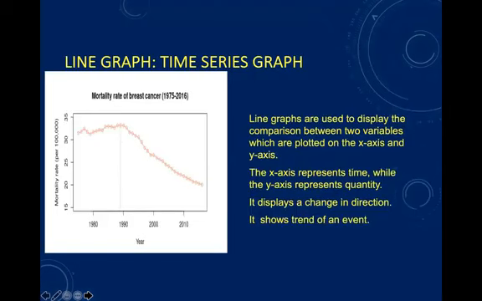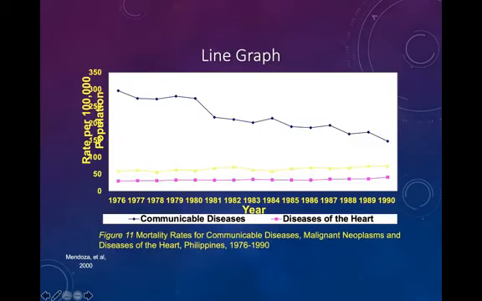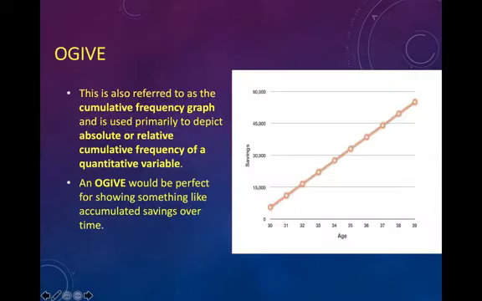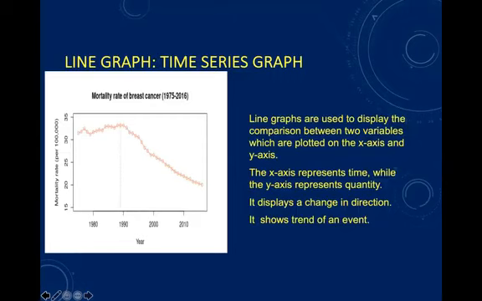Let's now go to line graph or time series graph. We use line graphs to display the comparison between 2 variables which are plotted on the x-axis and y-axis. The x-axis represents time, while the y-axis represents quantity. It displays a change in direction.